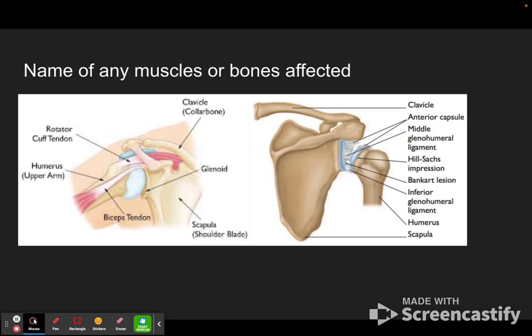The ligaments, however, that may be injured during a shoulder dislocation include the glenohumeral ligaments, which help stabilize the shoulder joint, particularly the inferior glenohumeral ligament. Tendons that can be affected include those of the rotator cuff muscles, as they can tear or become strained during the dislocation, as you can see in the image on the right.